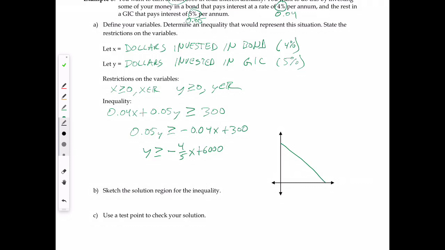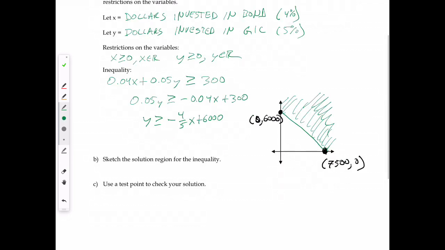The first one we already know. That one is going to be at (0, 6,000). The second one, or the x-intercept, is going to be at (7,500, 0). In this case, because it's greater than, it's going to be anything bigger than that, as long as everything fits into the positive ranges, going on forever and ever.